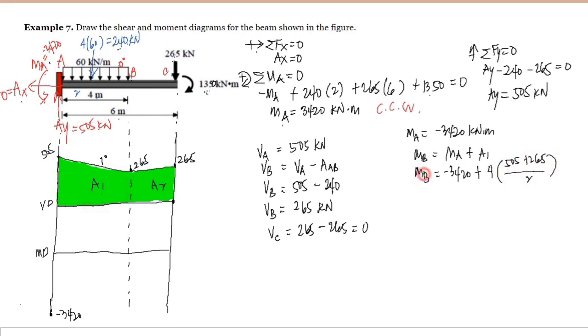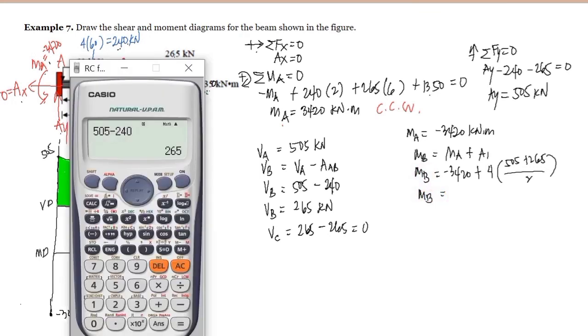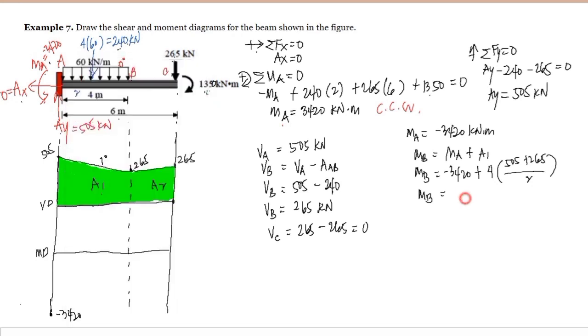So the moment at B is equal to negative 3,420 plus 4 times 505 plus 265 over 2, and this is equal to negative 1,880 kilonewton meter.